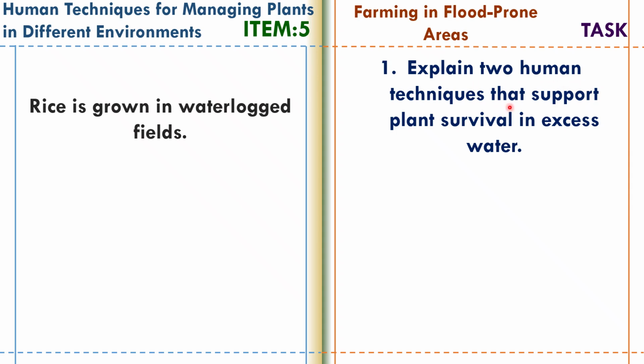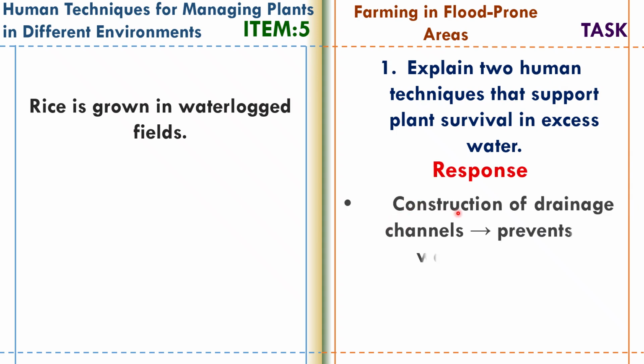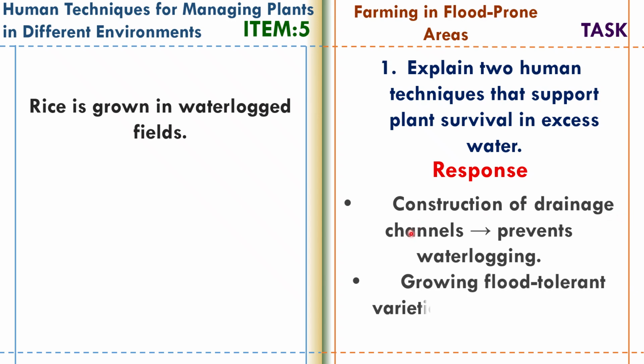Explain 2 human techniques that support plant survival in excess water. Construction of drainage channels. This prevents waterlogging.